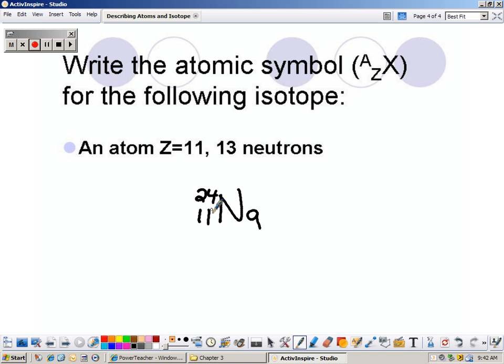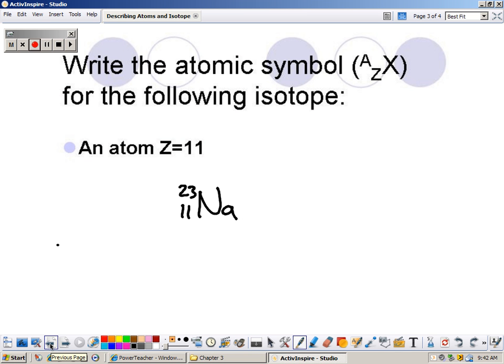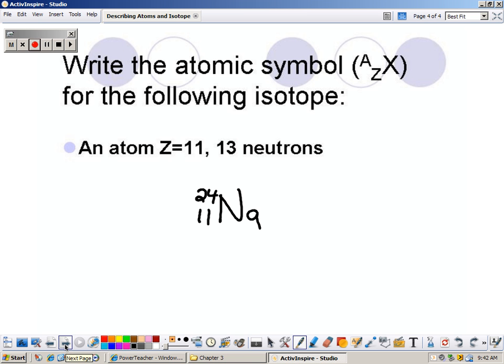If we look at the last example, it was slightly different. The last example had a mass number of 23 because we used the average atomic mass and we rounded it. This one, they gave us a different number of neutrons, so that means it's a different isotope. It's like a different version of an atom of that element.